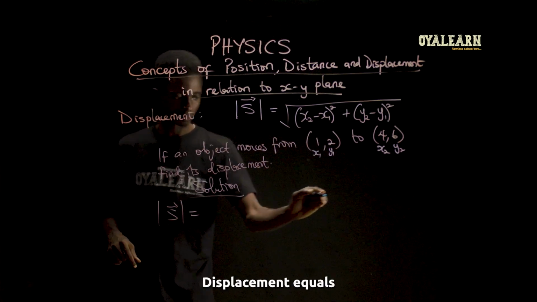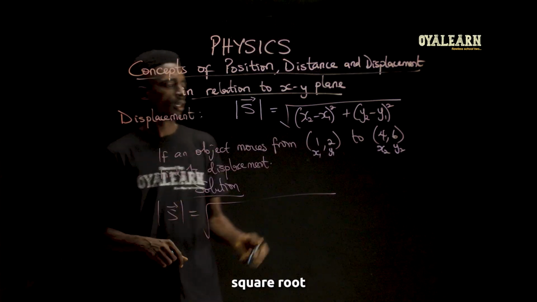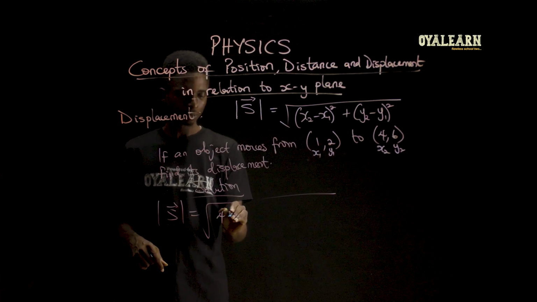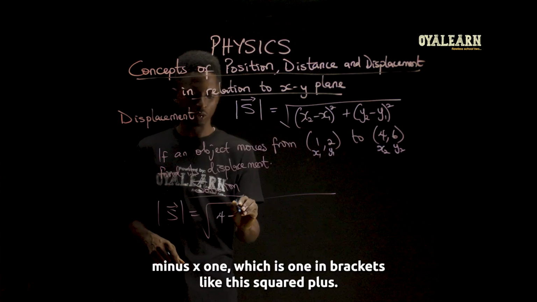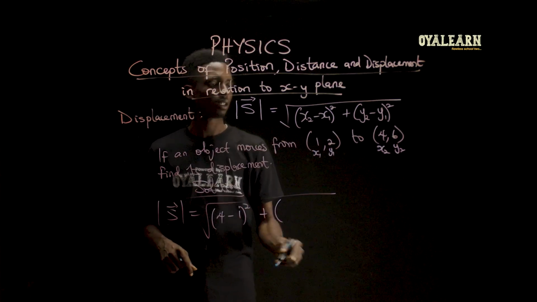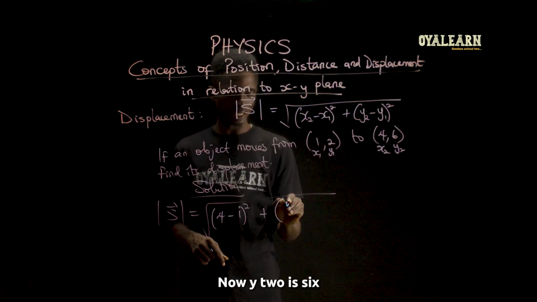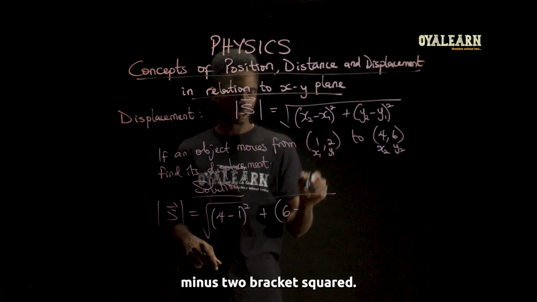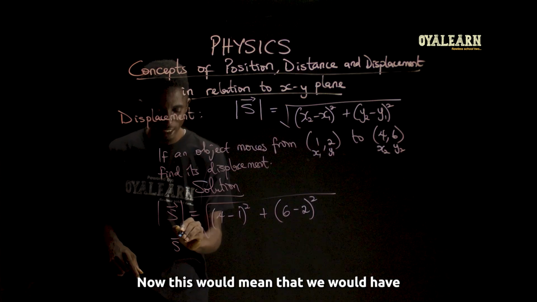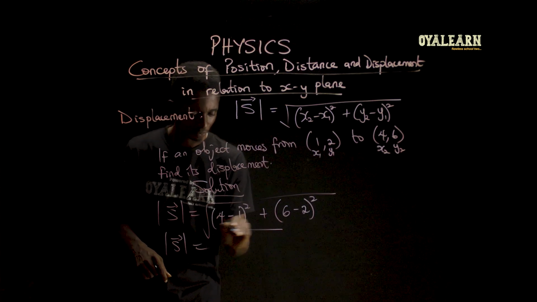Displacement equals square root of (4 minus 1) squared plus (6 minus 2) squared.